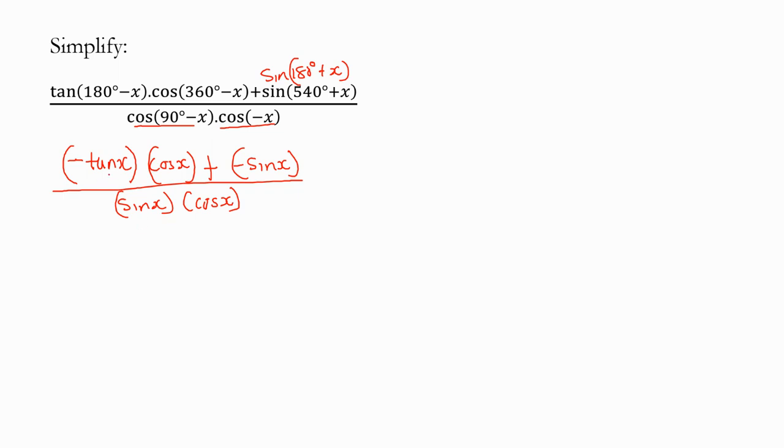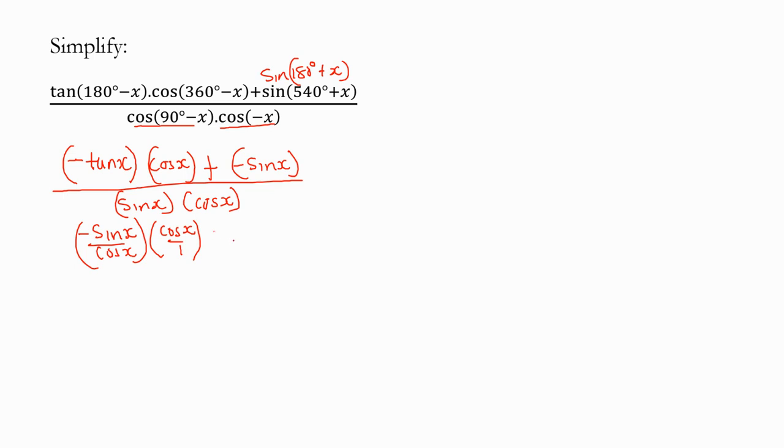Remember, our identity, tan x is equal to what? Sine x over cos x. So let's change that. It becomes negative sine x over cos x. Okay, all right, to make our life easier, let's write this cos x as cos x over 1, so that you can clearly see what you're supposed to do there.